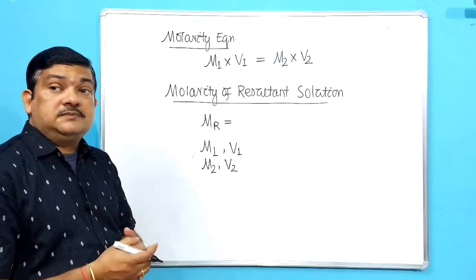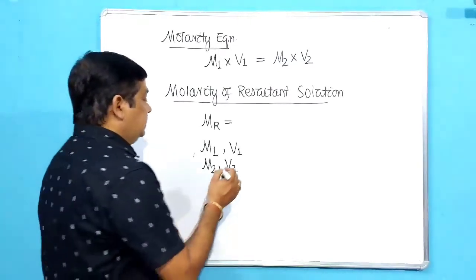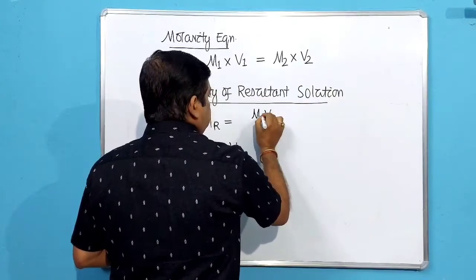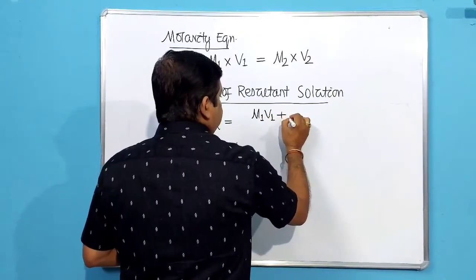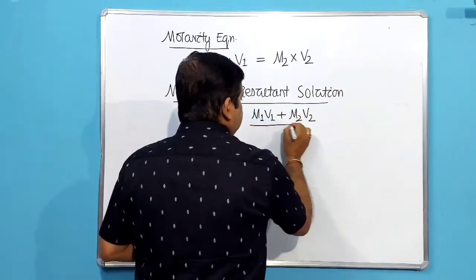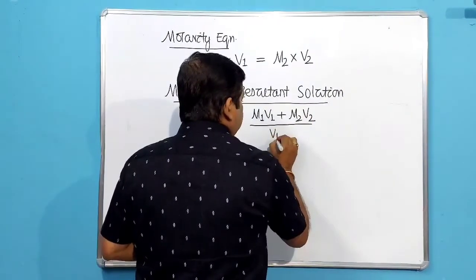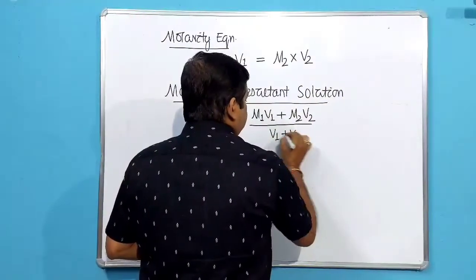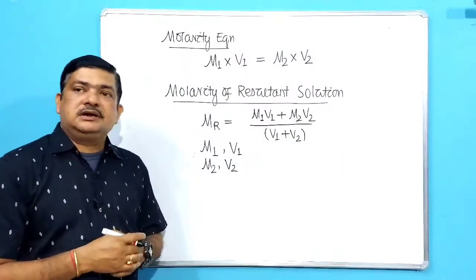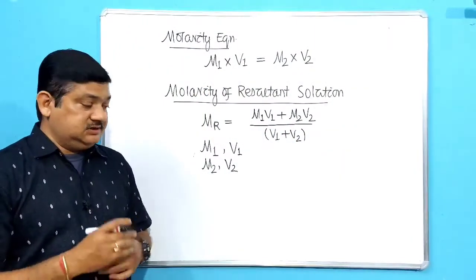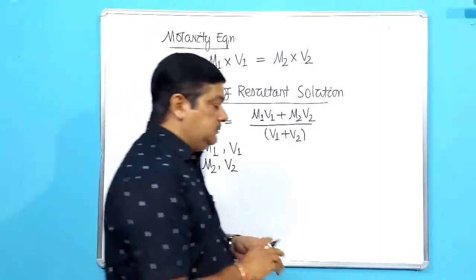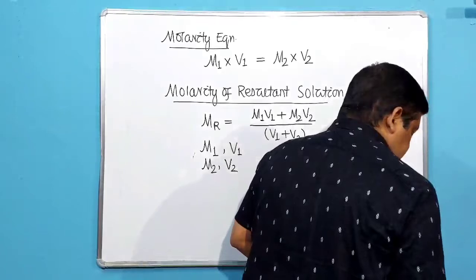What will be the molarity of the final or resultant solution? The formula is M1 V1 plus M2 V2, divided by V1 plus V2. This is how we can solve numericals based on this. Based on these two, I will solve one numerical from each. So look at the numericals first.